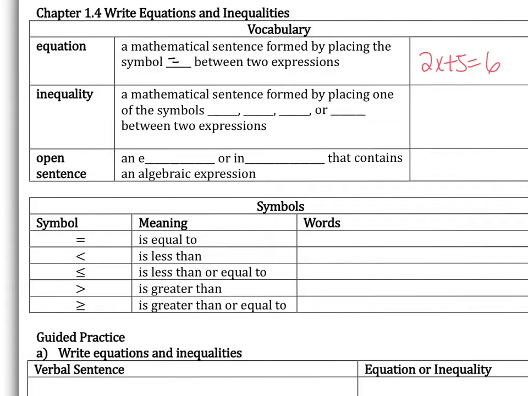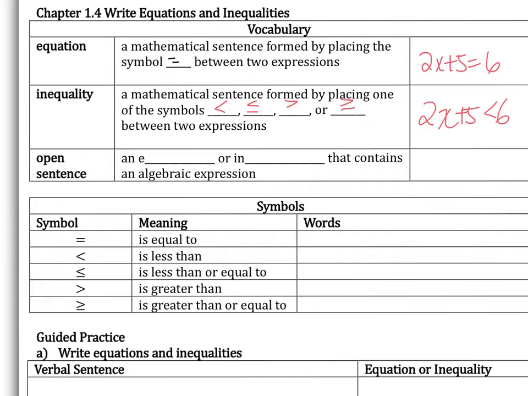An inequality is a mathematical sentence formed by placing one of the following symbols: less than, less than or equal to, greater than, or greater than or equal to. And any of these expressions will be considered an inequality.